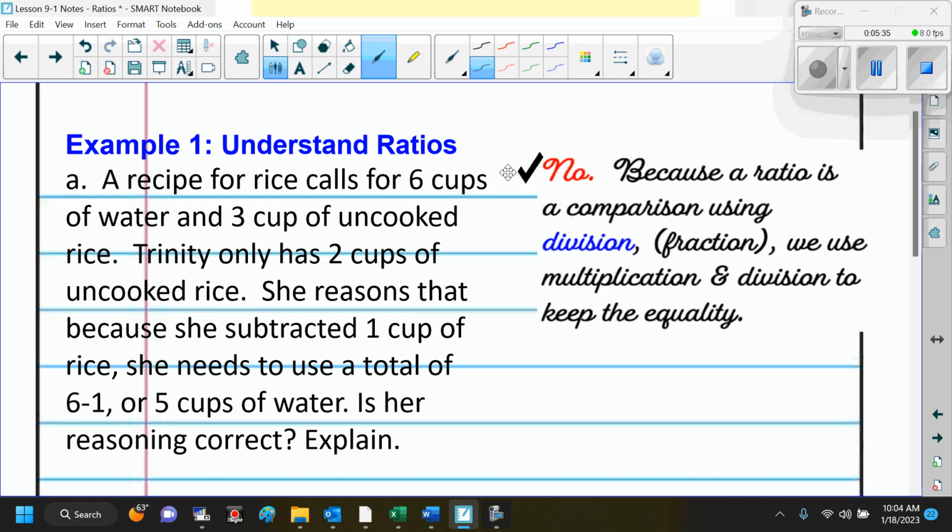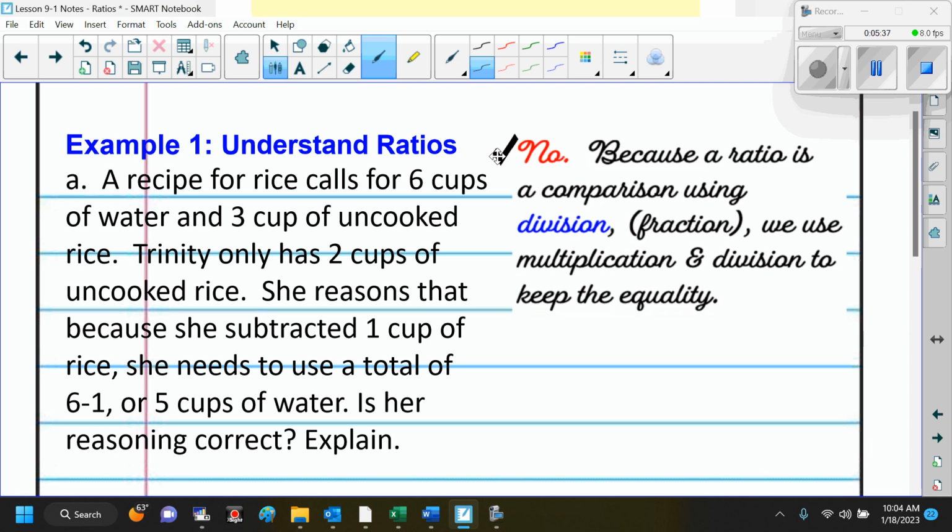So, good job, you guys. No, she is not correct because a ratio is a comparison using division. It's a fraction. Okay? We use multiplication and division to keep the equality. Please make sure you write down that explanation so you have an idea of what I expect when you're answering the explain. Okay?